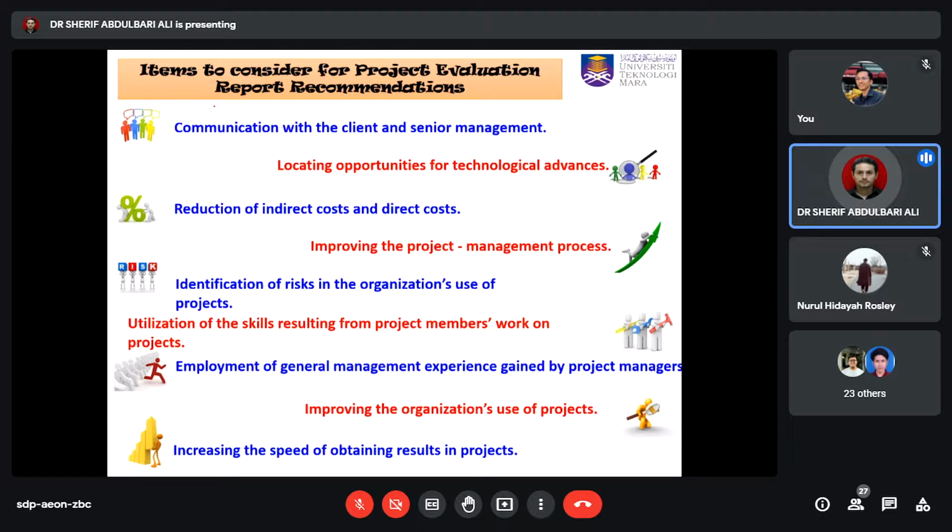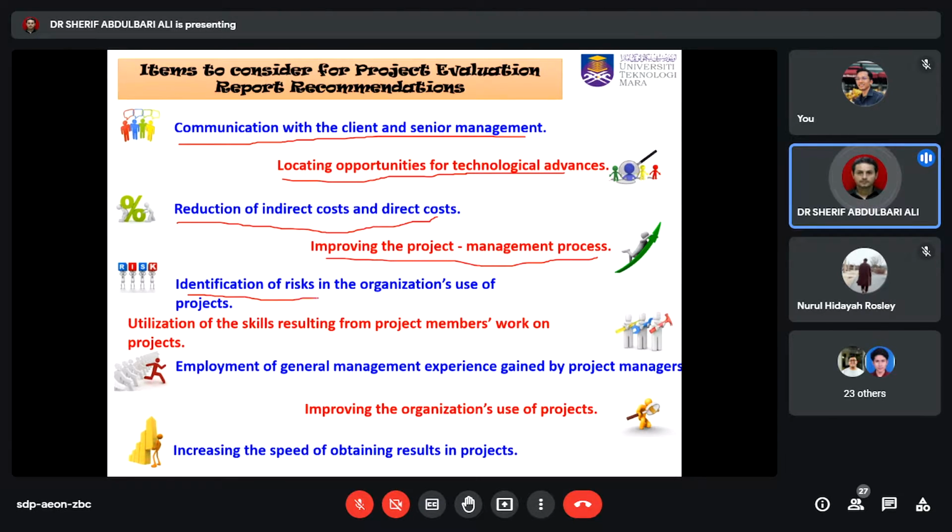There will be a lot of items you are going to consider for the project evaluations and report recommendations. That means you need to involve communications with the clients and the management. Also locating opportunities for technological advance, reductions of indirect and direct costs, improving the project management process.